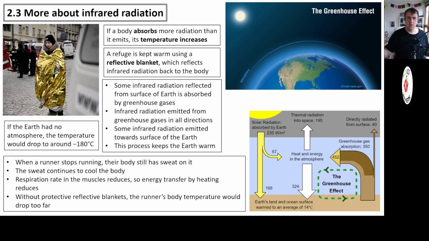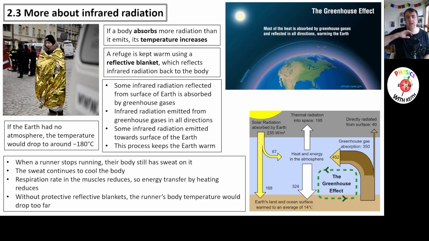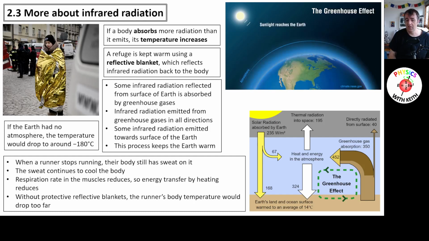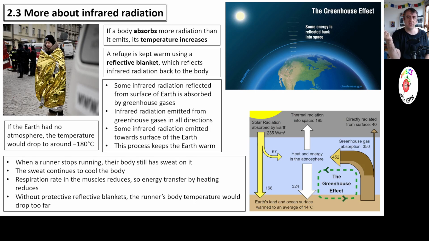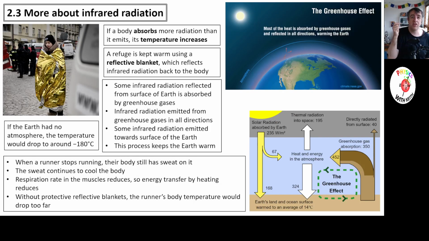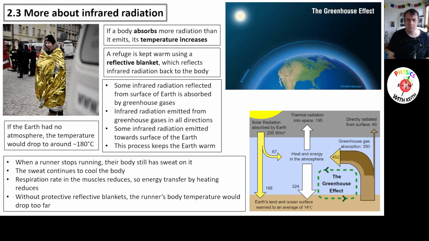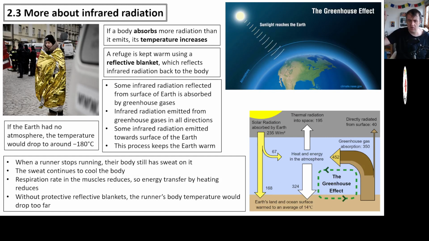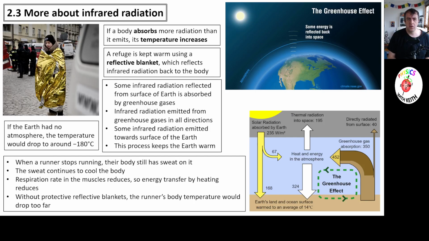Well, the Moon has no atmosphere. So the side of the Moon that's facing the Sun increases in temperature hugely, hundreds of degrees higher than what we would comfortably survive in. And then at night time on the Moon, when that face is on the other side from the Sun, in the Moon's shadow, the temperature drops to much lower temperatures, hundreds of degrees below 0 degrees Celsius.